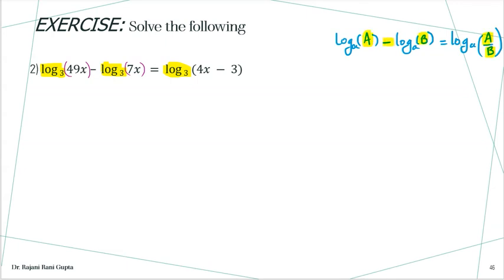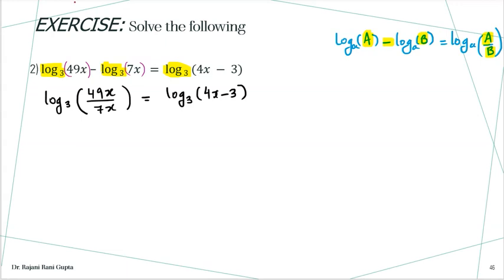Okay, because of minus. So applying this rule over here gives us log to the base 3. The first bracket is 49x. Since minus, it's divide 7x equal, no need to change anything on the right hand side. Log to the base 3, 4x minus 3.